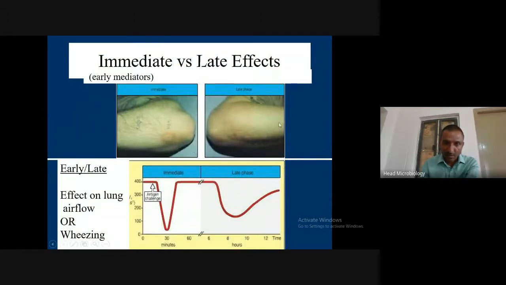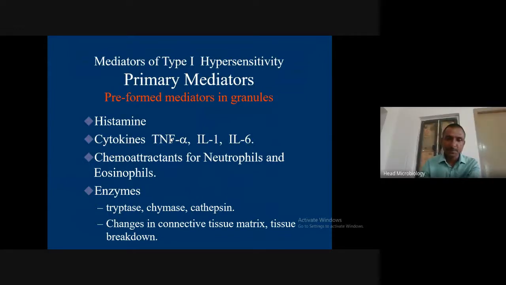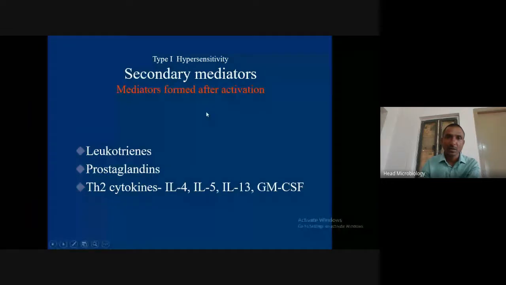When it affects the lungs or airflow, causing wheezing, it affects different spots and structures, and we can easily observe it. The preformed mediators in granules are histamine, cytokines, eosinophils, neutrophils, enzymes, tryptase, chymase, cathepsin, changes in the connective tissue matrix, and tissue breakdown.